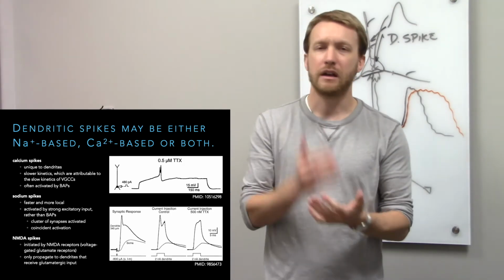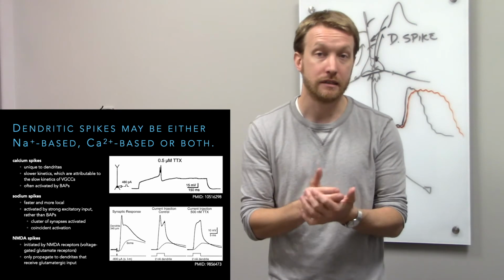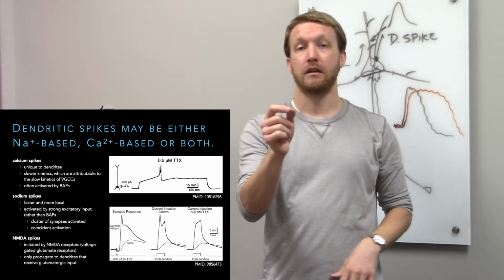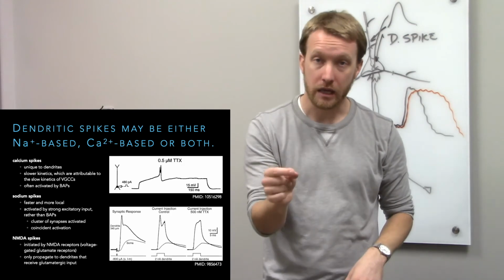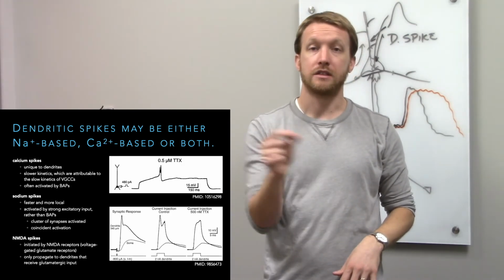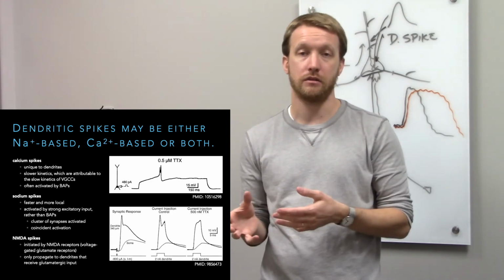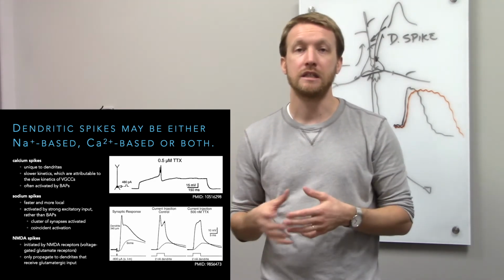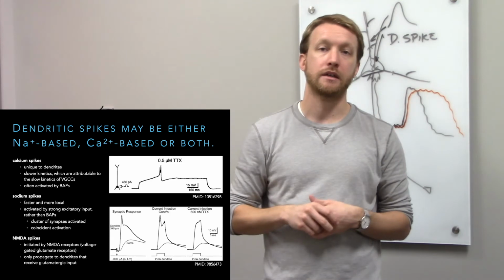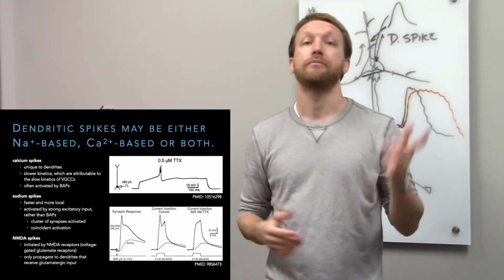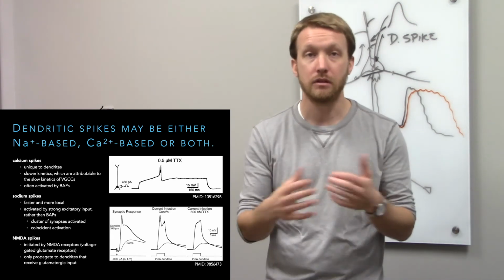They deliver very strong depolarizing currents into the cell body, and when those backpropagate, you can see a spike. Now you shouldn't see a spike if this is mediated by voltage-gated sodium channels, because tetrodotoxin blocks those. So in the presence of TTX, we still get dendritic spikes when they're mediated by calcium. We don't see them when they're mediated by sodium. That's down below. That's a sodium spike.